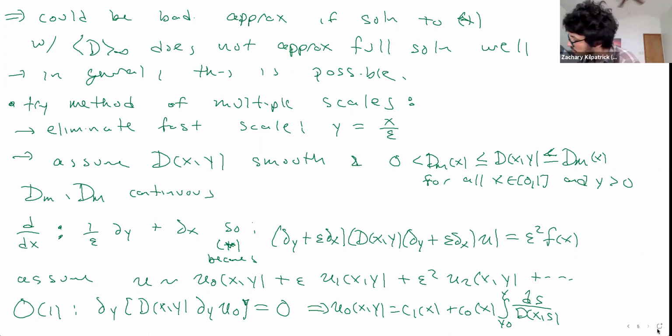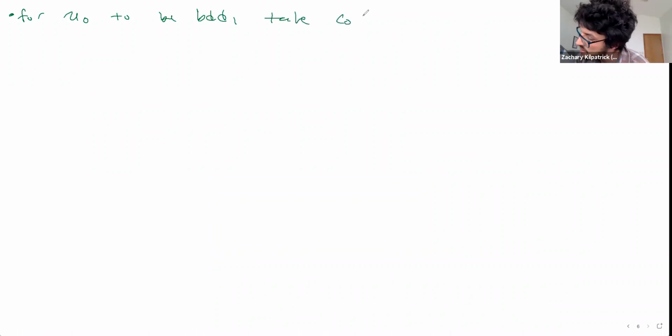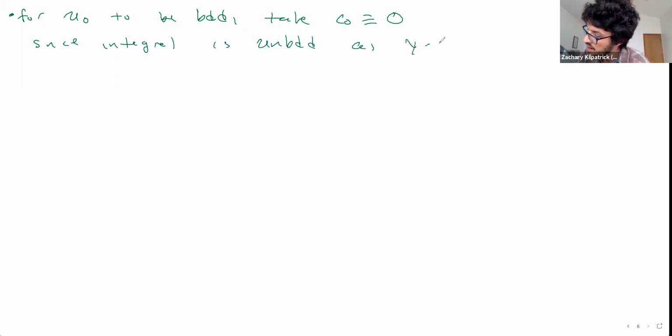So for u0 to be bounded, we're going to take c0 equivalent to 0, since the integral is unbounded as y goes to positive infinity.